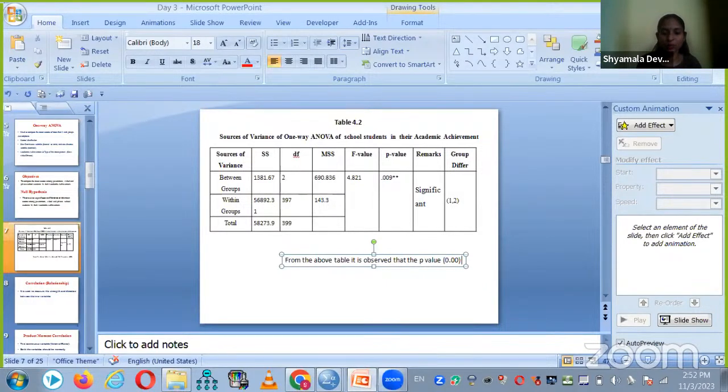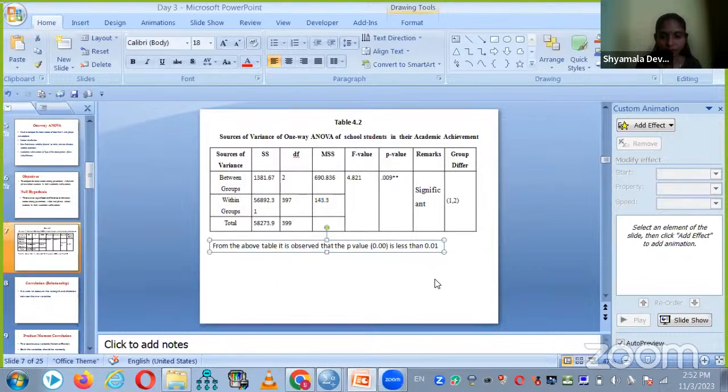So the p-value is less than 0.05 or 0.01. Let it be. So from the above table, it is observed that the p-value is less than 0.01.